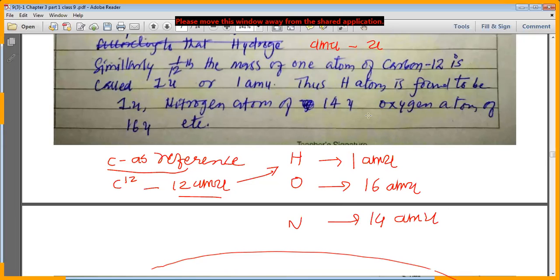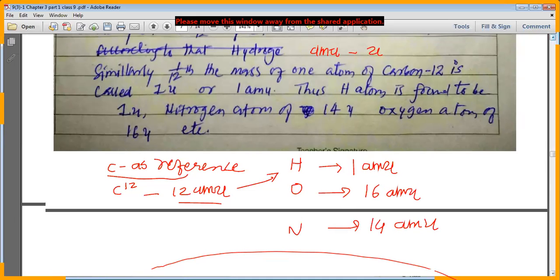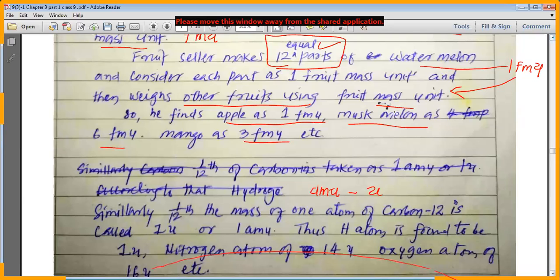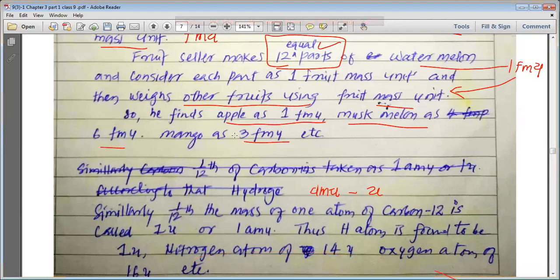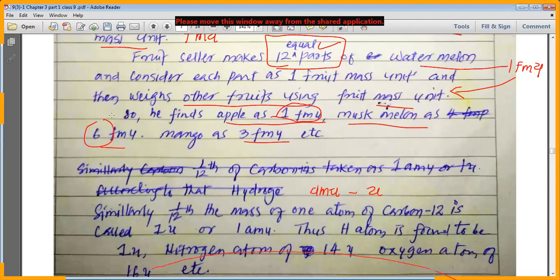This way, like the other fruit, like mango, muskmelon, by determining 12 FMU for one watermelon, the fruit seller has found that 1 FMU is the apple, the muskmelon is 6 FMU, and the mango was weighing 3 FMU.